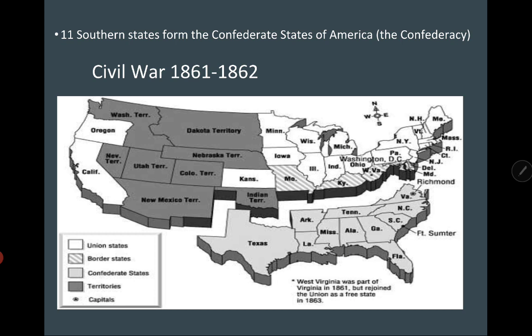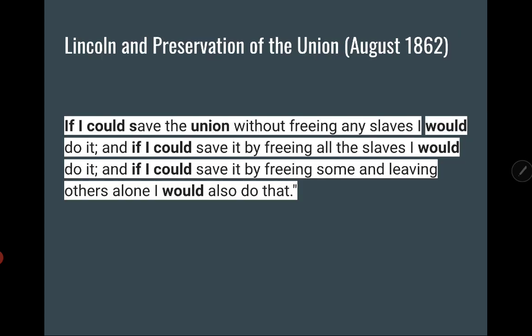And so one of the things in the early part of the war that Lincoln has to try to do is fight a war against the South without making it about slavery, and to try to keep these border states from leaving the Union. So Lincoln, in the preservation of the Union, says, if I could save the Union without freeing any slaves, I would do it. If I could save it by freeing all the slaves, I would do it.